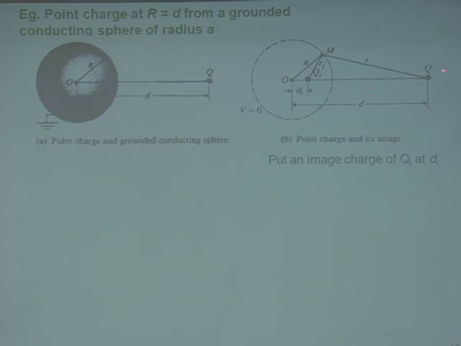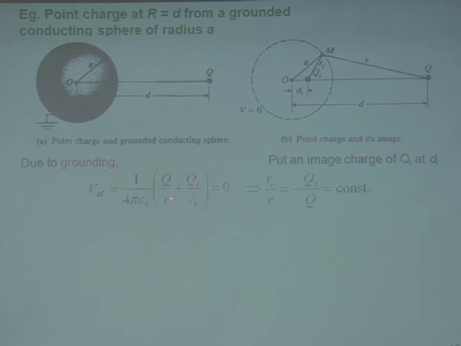And you know the electric potential generated by a single charge, right? So basically, you just sum over the two known solutions with the right distance, Ri from the image charge and R from the real charge.